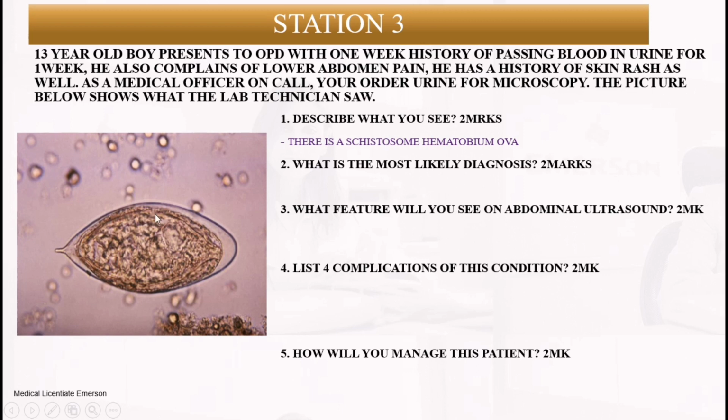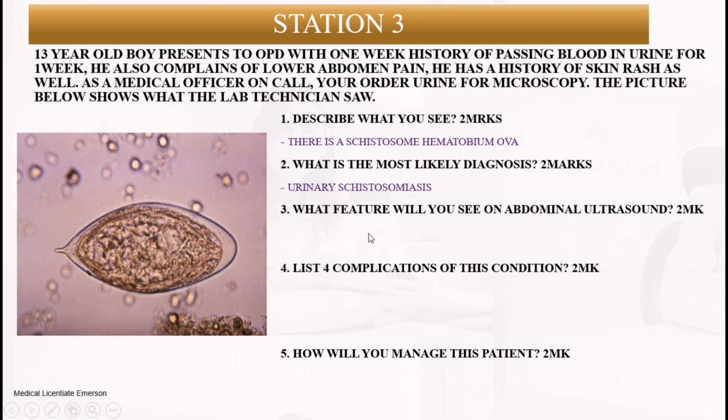This specific ovum is for haematobium. Then what's the most likely diagnosis? Haematobium causes urinary schistosomiasis. Of course we have to take note of the others which cause intestinal schistosomiasis, so make sure you go through the other species.